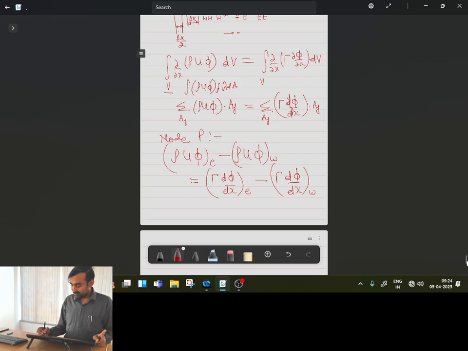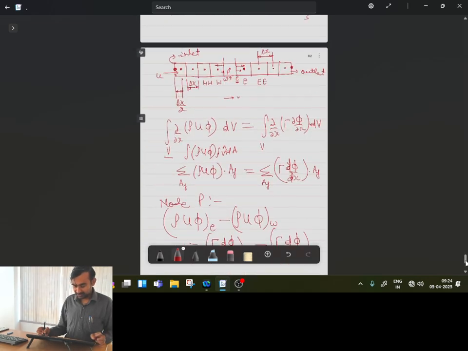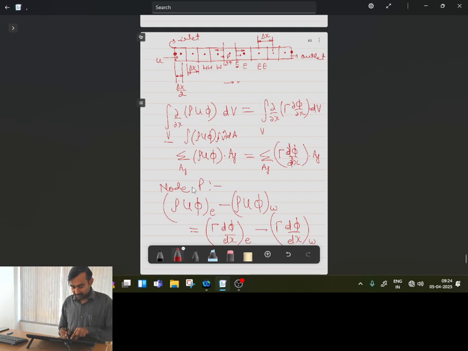Now, it is interesting to note that at node P, whenever I have discretized the equation, ultimately all the values, rho u phi and gamma d phi by dx, I have to estimate at the faces of the control volume. And if you see over here, the values of phi are known only at the node points, but at the edges we don't know the value of the properties as well as the other flow parameters.